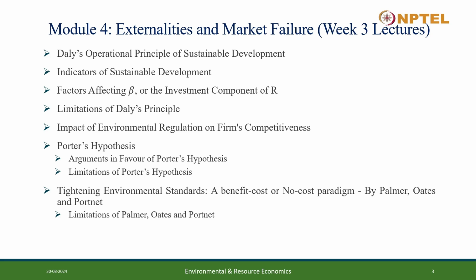What are the indicators for sustainable development, including GNNP and genuine savings, which cover the environmental factors, usage of raw material from the environment, as well as environmental degradation, unlike the current economic indicators such as GDP, GNP, and NNP. After that, we discussed the factors affecting the beta value.